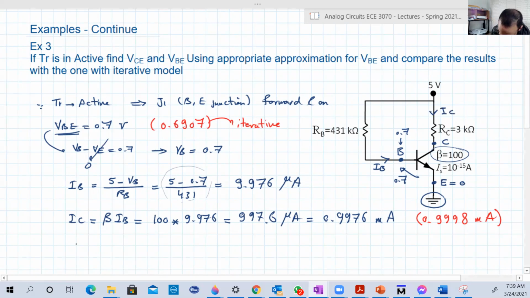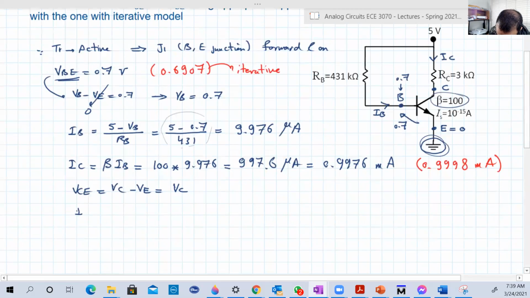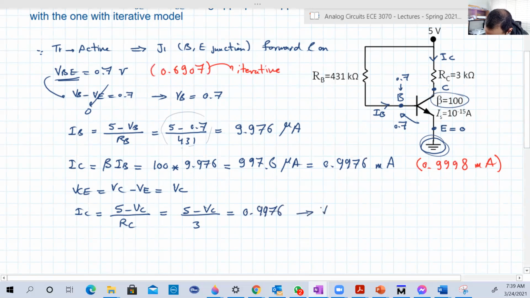VCE is equal to VC minus VE. VE is 0, so this is equal to VC. So IC equals 5 minus VC, our unknown, over RC, which is 3 kilo ohms, equal to 0.9976 milliamperes. From that, VC is equal to 5 minus 3 times 0.9976, which is basically 2.009 volts.